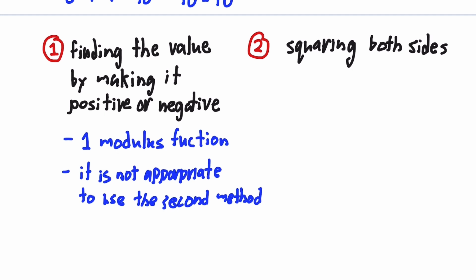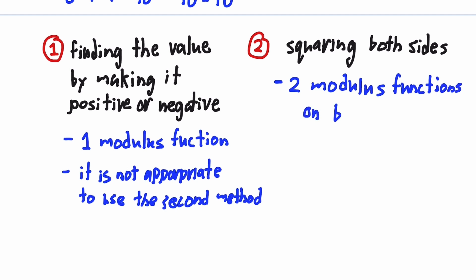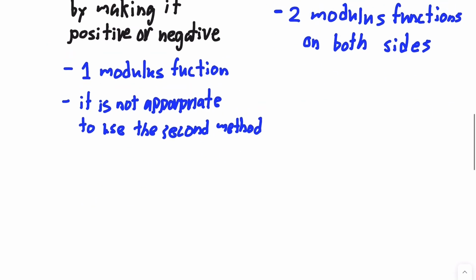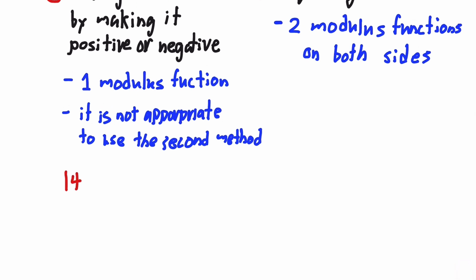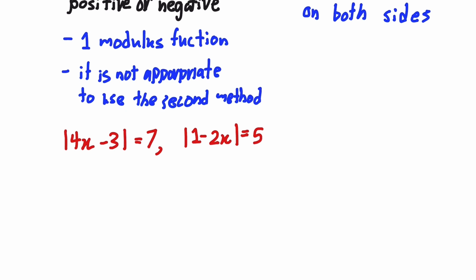The second method is for when we have two modulus functions, one on each side. Let's take examples. Let's say for the first method, an equation like modulus of 4x minus 3 equals 7, or for example modulus of 1 minus 2x equals 5, or we could do another equation.